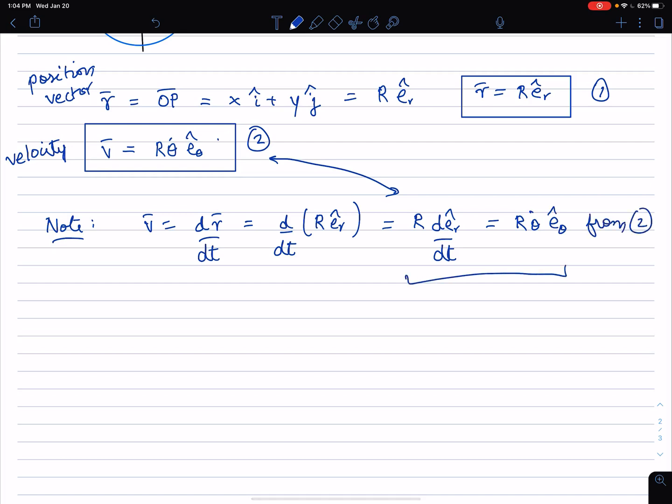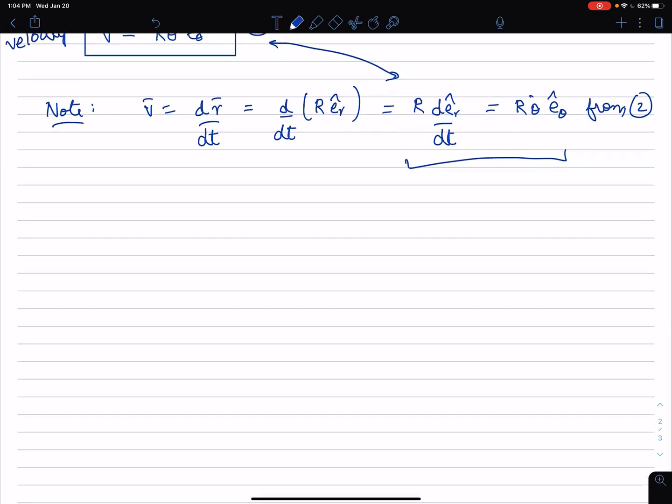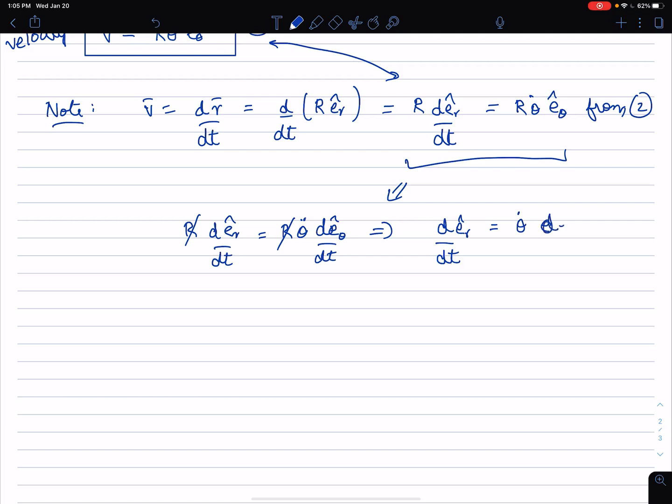So equating these two things, we get r d e r by dt equals r theta dot e theta. You can cancel the r's, which basically says that d e r by dt equals theta dot e theta.